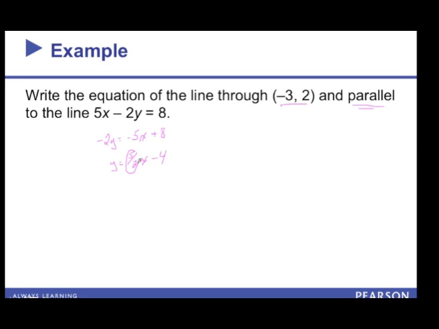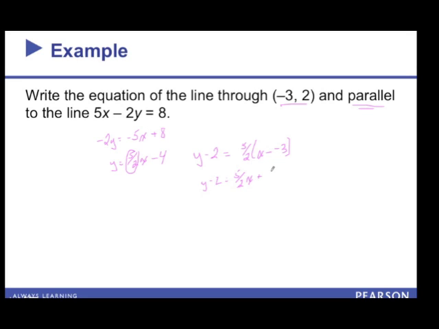Now we know the slope of our line is 5 halves, and our line is y minus the y value equals the slope times x minus the x value of negative 3. So y minus 2 equals 5 halves x.